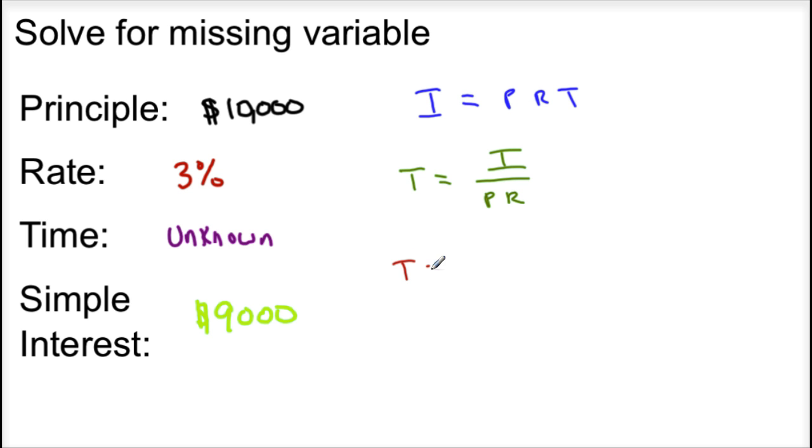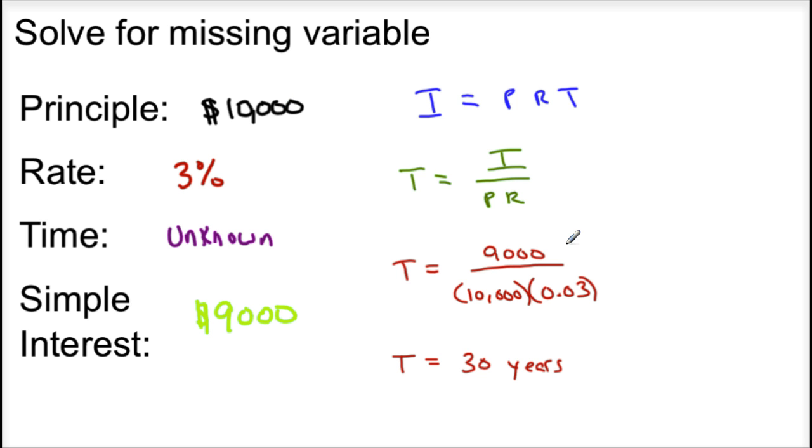Substitute in. T equals 9,000 divided by principal, which was 10,000, times our interest rate, 0.03. If we plug this into our calculator, we should get an answer of 30 years. So it took 30 years to earn $9,000.